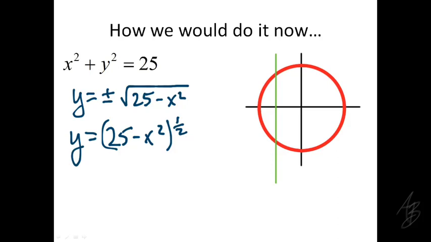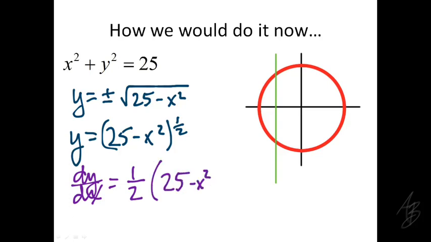So we could differentiate this using the power rule as well as the chain rule, and we would get dy/dx is equal to 1/2 times 25 minus x squared to the -1/2. And then using the chain rule, we also have to multiply by the derivative of the inside part, which would be -2x.